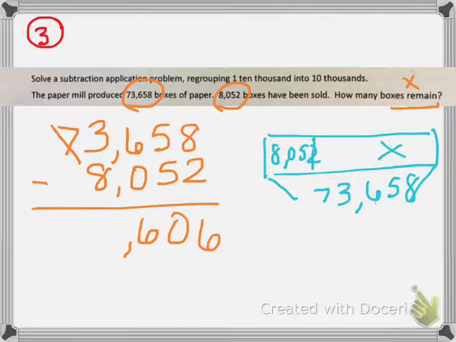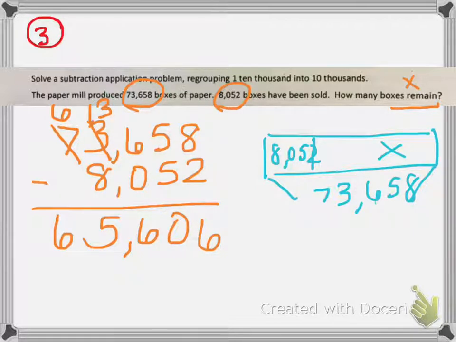I'm going to cross off the 7, and it's going to become a 6. I have to give one of those thousands to the 3. So I'm going to cross off the 3. That's going to become 13,000s instead of 3,000s. 13 take away 8 is going to be 5. And then I have 6 take away nothing is going to be 6.